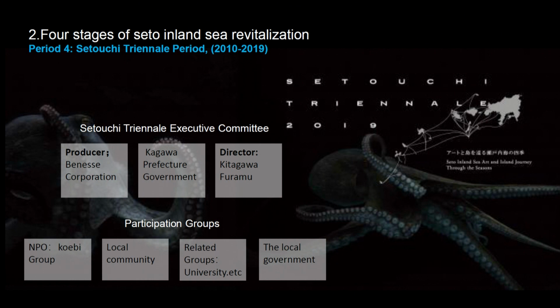This means no matter whether you are an organization, a university or a local community, as long as you get support from this executive committee, you get a chance to realize your proposal on Naoshima Island or the Seto Inland Sea. So the local community took the chance. They did a lot of projects in this period, and you can see them in this year's triennale.